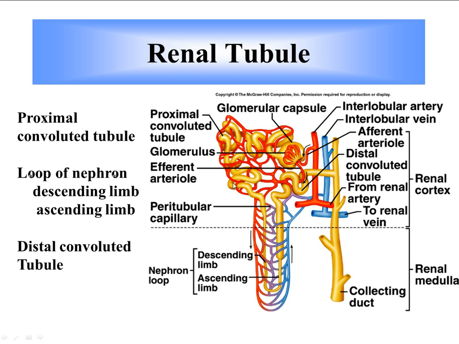So this is the proximal convoluted tubule, and these capillaries are around the nephron loop here.